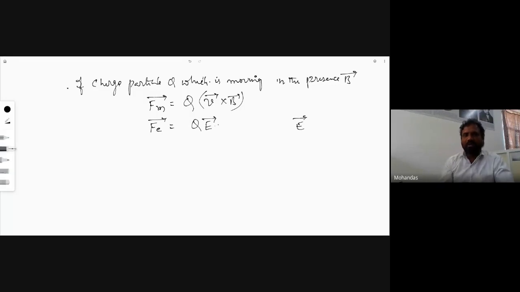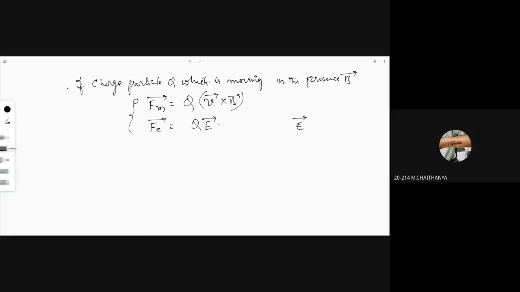Okay. Now imagine the same moving charge is present simultaneously in magnetic field as well as electric field. Then how many forces are exerted on the same charge? Two forces. Yes, very good.